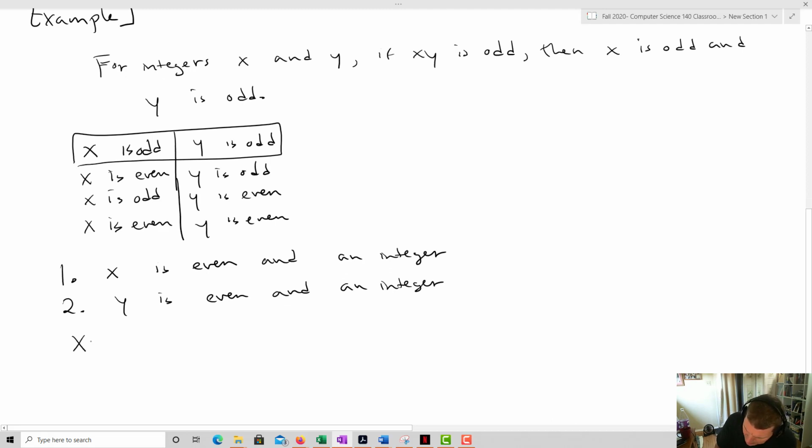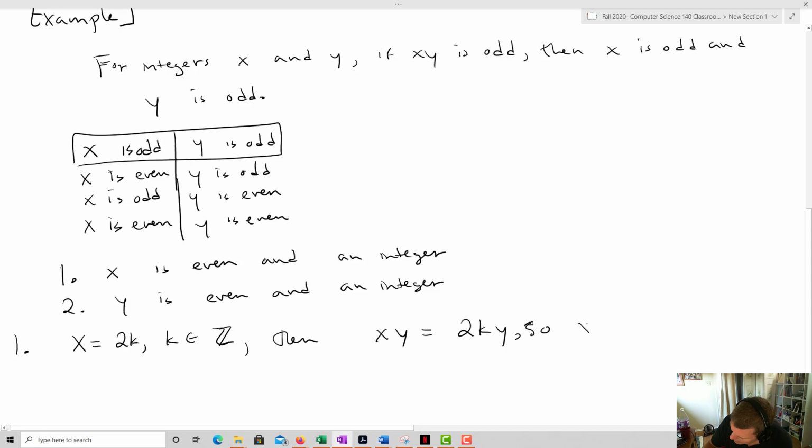So we know that means that x is equal to 2k for k belonging to the integers. Then what we get is that xy is going to equal 2ky, for some k belonging to Z. So xy equals 2 times ky, and so xy is even.